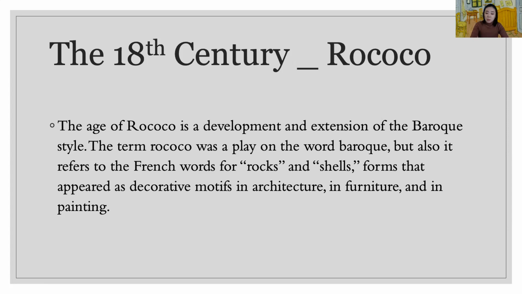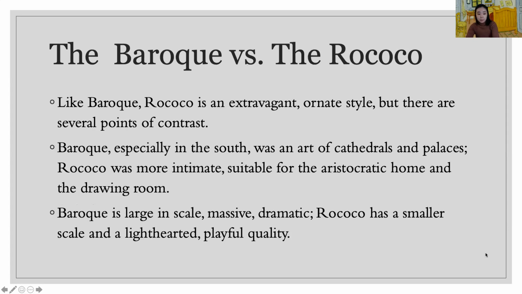The Rococo's subjects and mood of art are slightly different from the Baroque, even though it is an extension of the Baroque. Like Baroque, Rococo is an extravagant, ornate style, but there are several points of contrast.